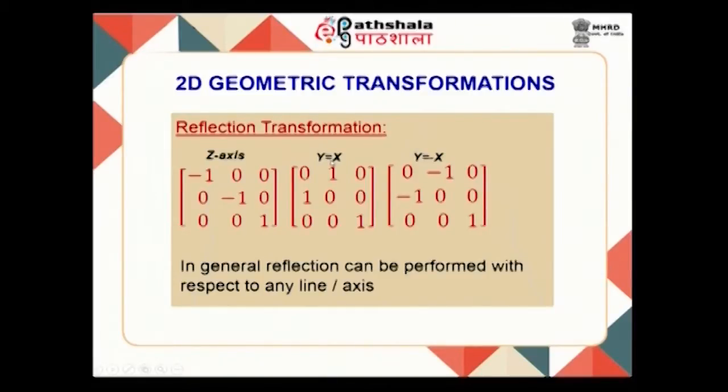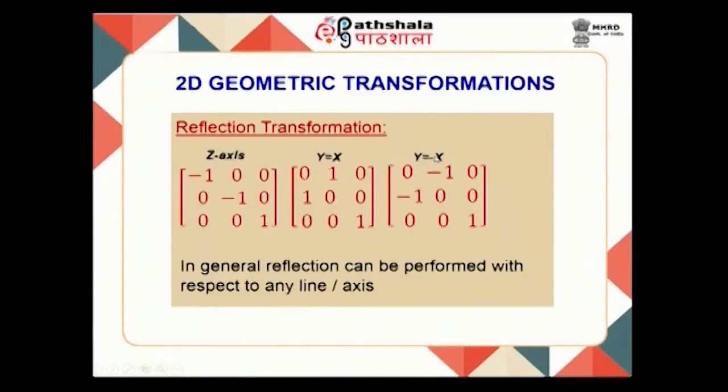And you can also now imagine a direction like y is equal to x, about which if you want to perform reflection, the matrix that represents y is equal to x reflection is 0 1 0, 1 0 0, 0 0 1, because about the line y is equal to x, if you perform reflection, the x dashed becomes equal to y and y dashed becomes equal to x. So, that is why we have this matrix.